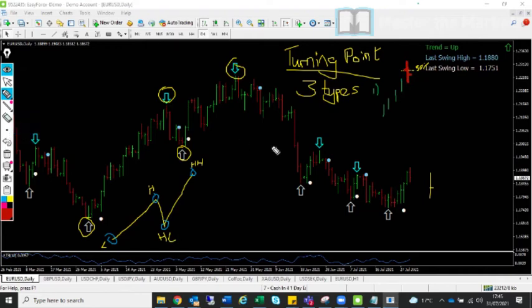What we'll also get is a PSWB, or potential swing bar, if the market is trending to the downside and we get a close above the 50% line, giving a signal that the market might be turning around. So that's the first type of turning point, PSWB.